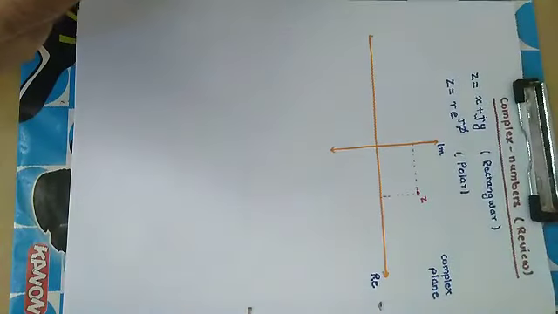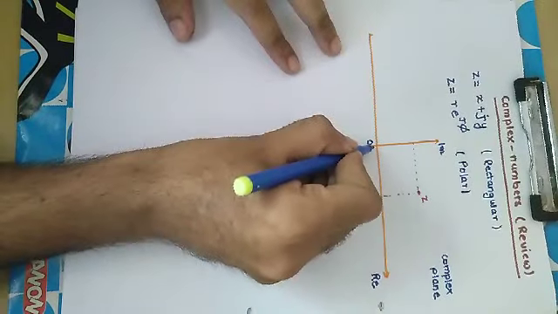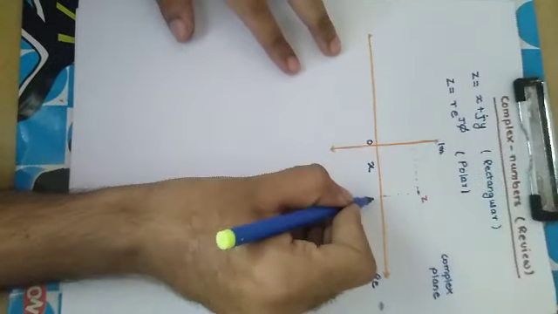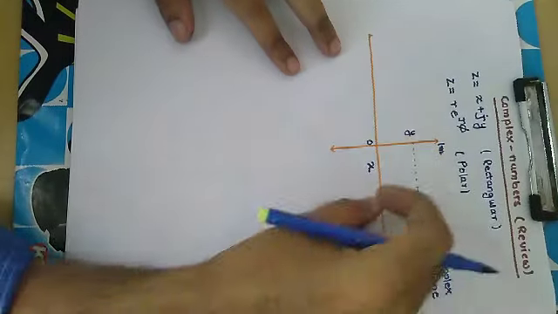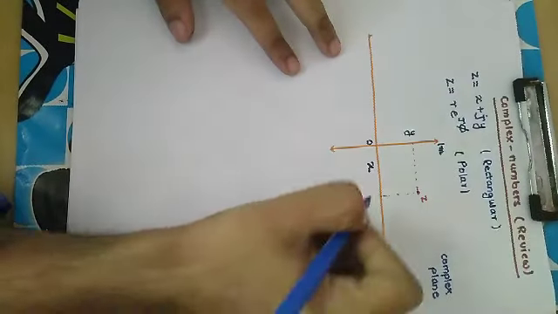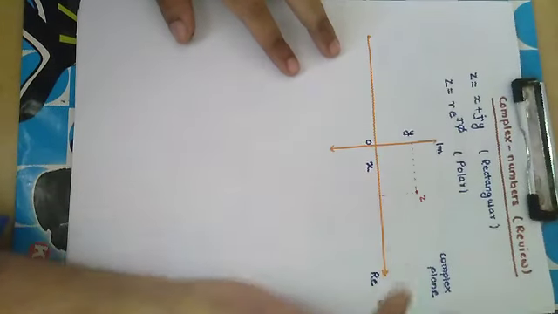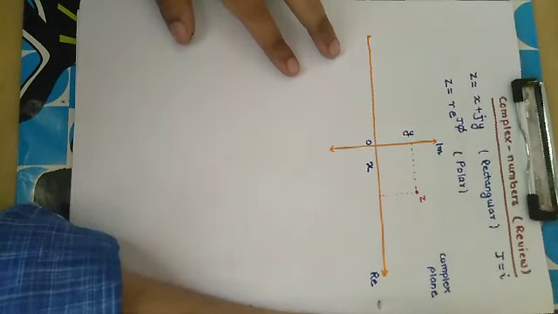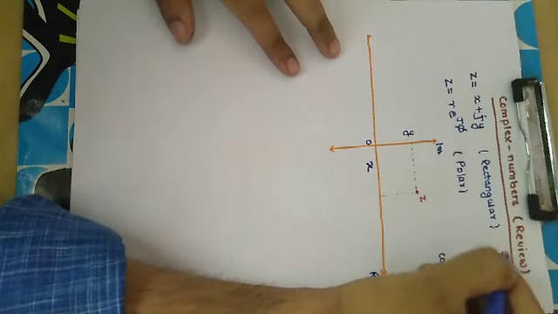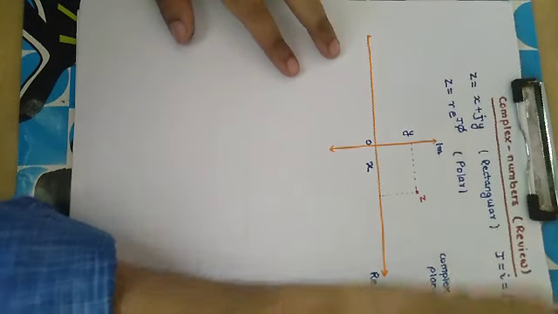To reach z, you can go x length on the real axis and then y length on the imaginary axis, then z equals x plus iy, or jy. j is nothing but iota, which we have studied till 12th. Now we use the symbol j, which is the standard notation, root minus 1.